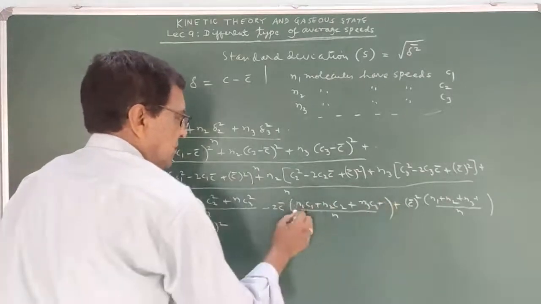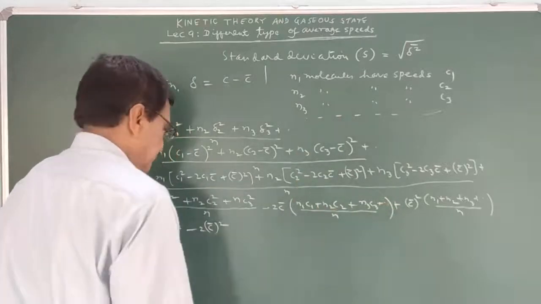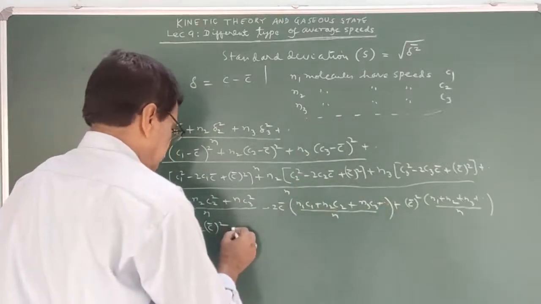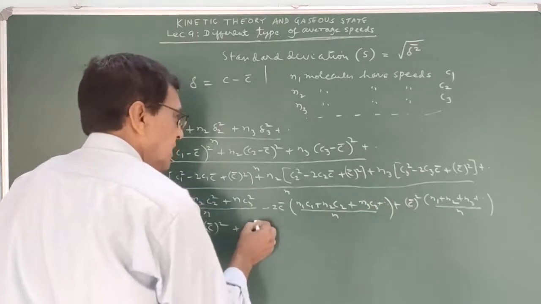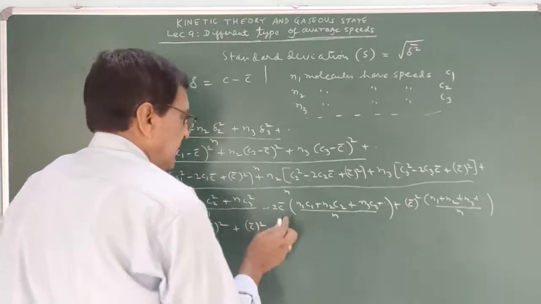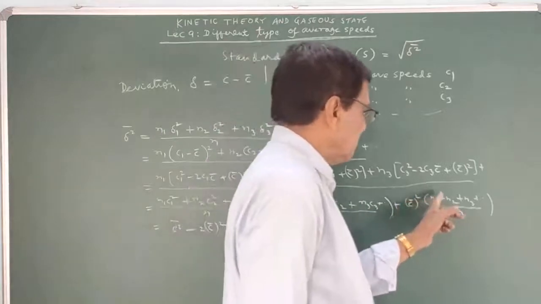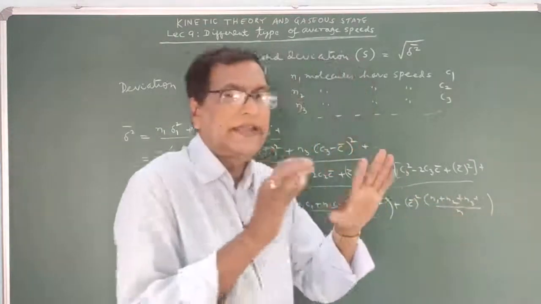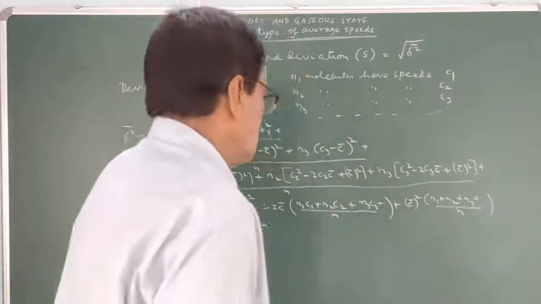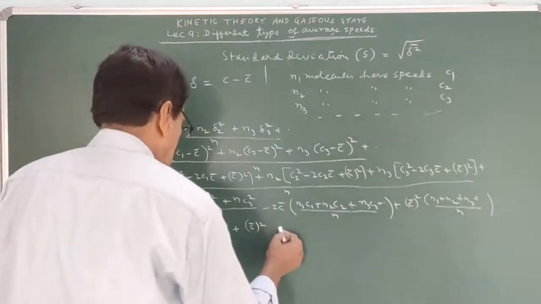Plus this one C bar square, and N1 plus N2 plus N3 equals N, so N will cancel and only this one is left.